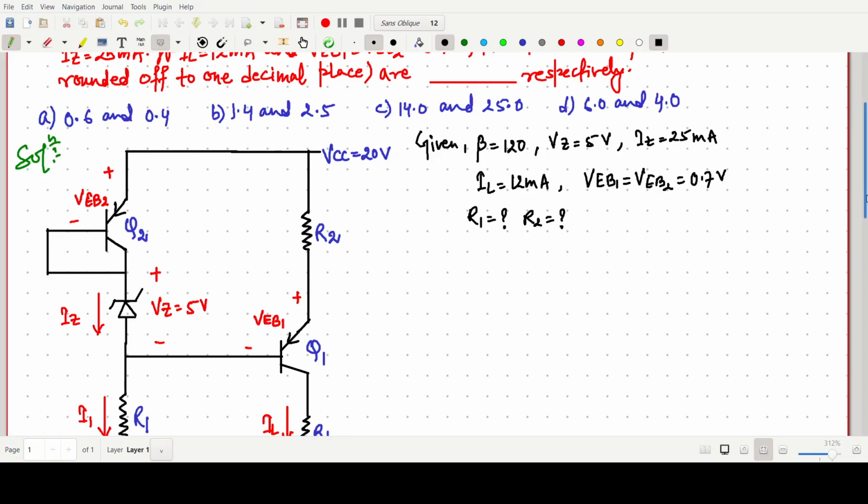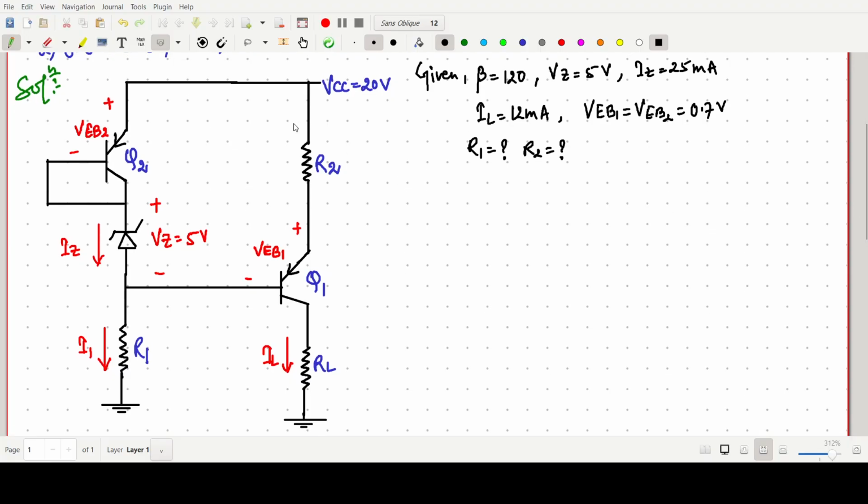So first of all we have to start with this circuit. Very first, this end we can say is the emitter end of transistor Q2, which is basically a PNP type. So this one is the emitter side, base side, and this we can say is C2.